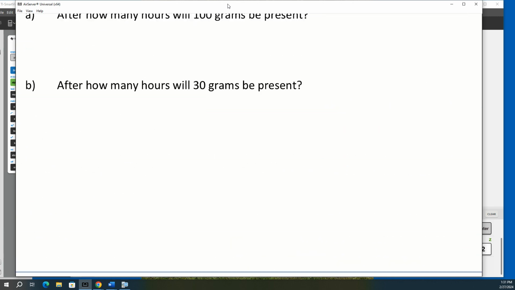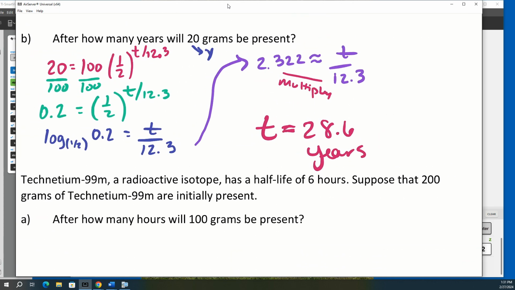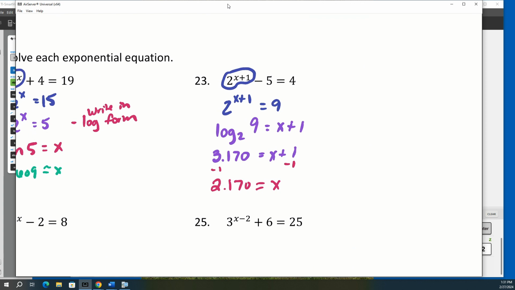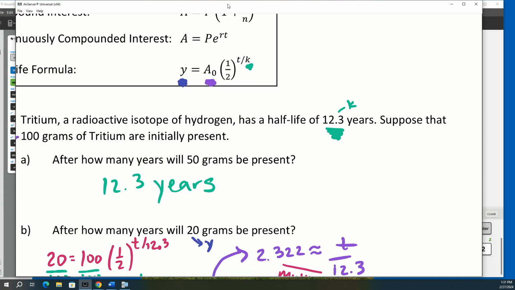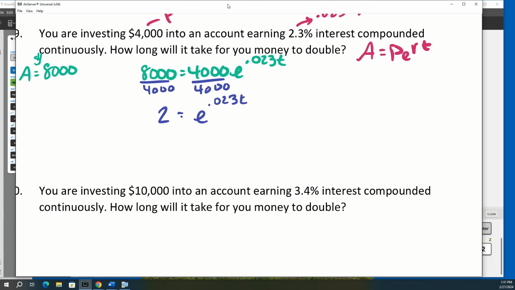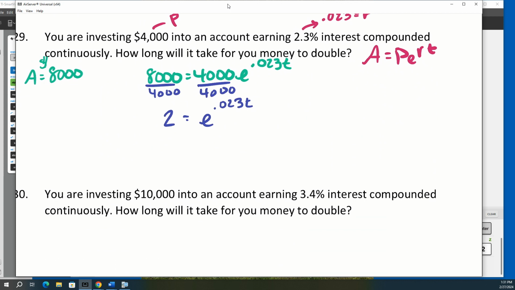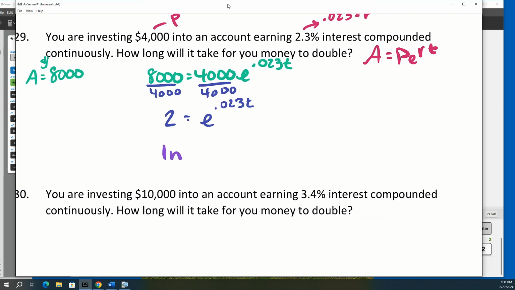We got it. We isolated the exponential part. What's next? We did this part. Now you write it in log form. And what type of log is it going to be? Natural. Yeah. So natural log of 2 should be equal to that decimal times T.